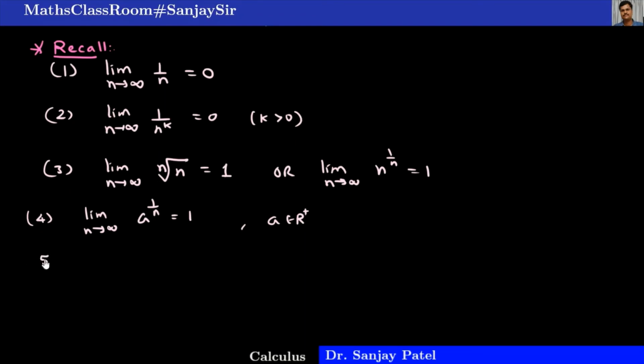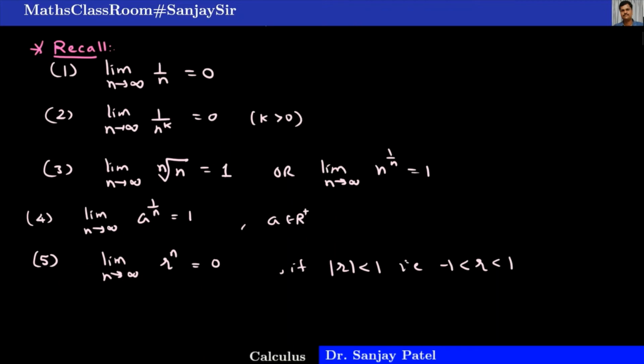Then number 5 is limit n tends to infinity, r raised to n is equal to 0 if mod of r is less than 1, that is, minus 1 less than r less than plus 1. You just observe that this r raised to n is nothing but our geometric sequence.